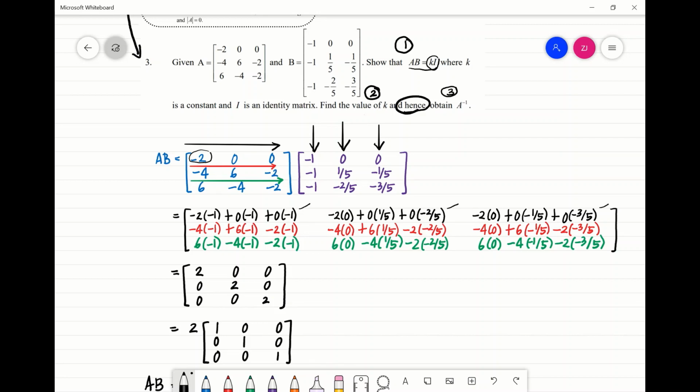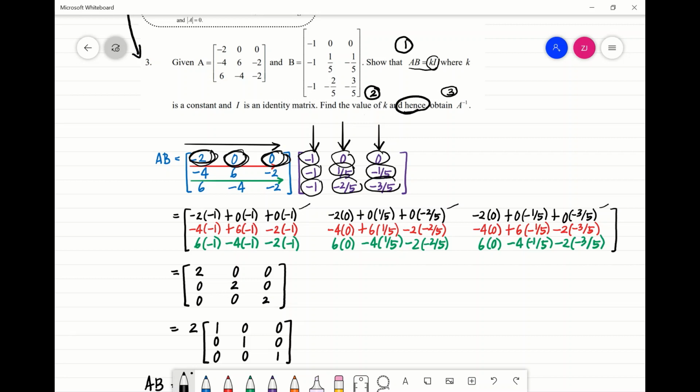So we have -2 times -1 plus 0 times -1 plus 0 times -1, and then for the second column we have -2 times 0 plus 0 times 1 over 5 plus 0 times -2 over 5. And then we have -2 times 0 plus 0 times -1 over 5 plus 0 times -3 over 5.